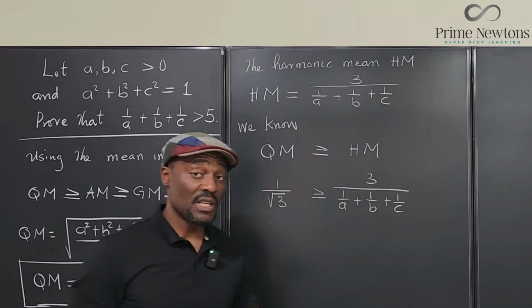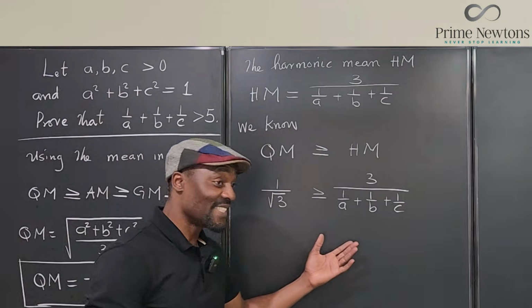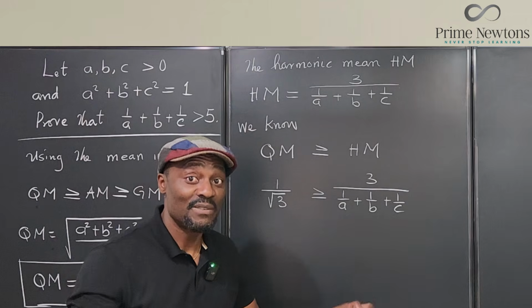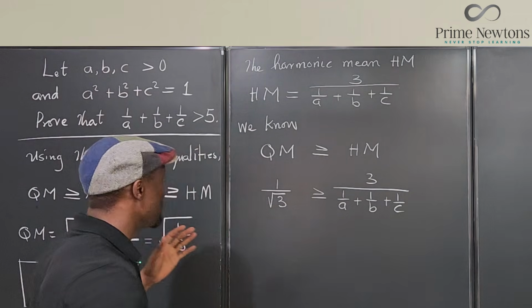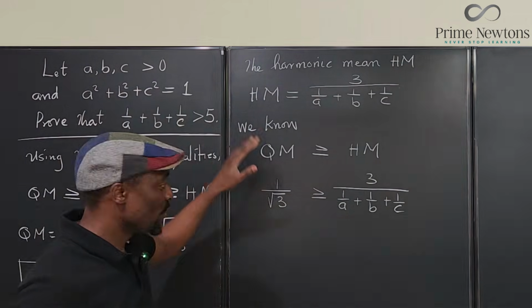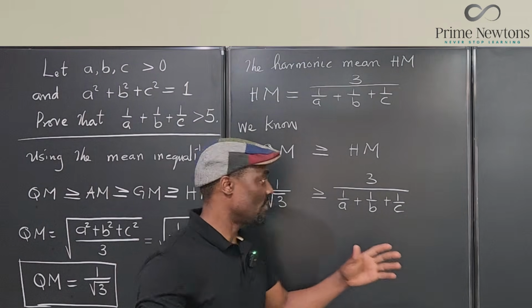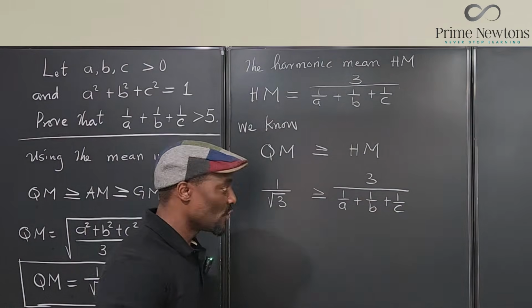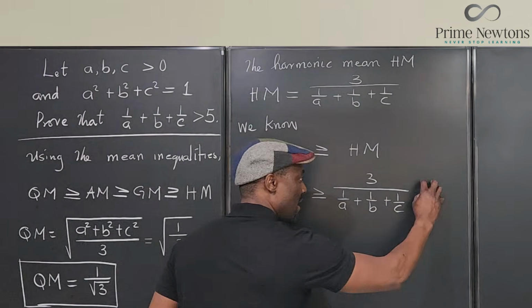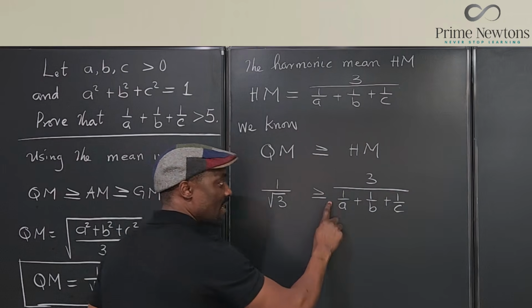Now, anytime you're dealing with inequalities, it is always wise to watch out for negative numbers. But this is a good problem because there are no negative numbers. If you add up the reciprocals of positive numbers, they're always positive. So I can multiply both sides by this.